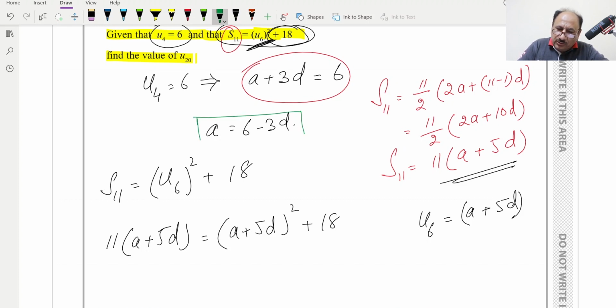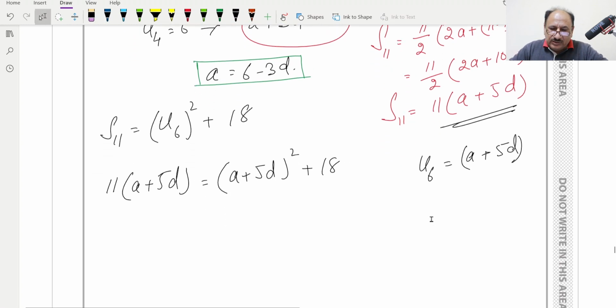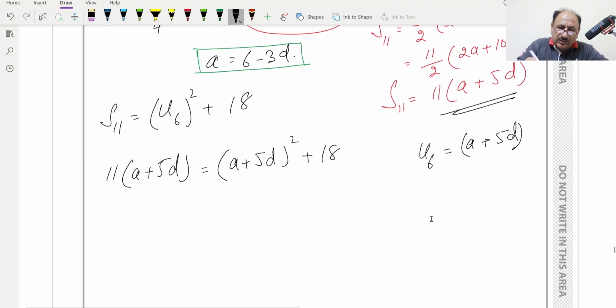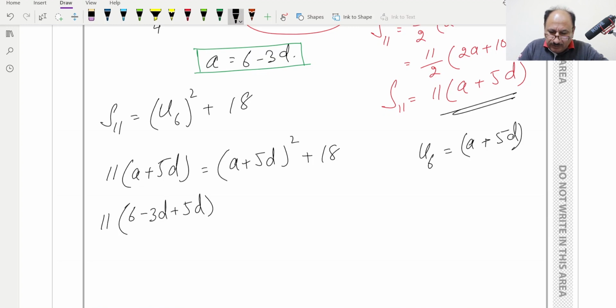a is equal to 6 minus 3d in this one, and if we replace it here, 11 into 6 minus 3d plus 5d, this a value we have replaced with 6 minus 3d, and this will be equal to, again a we will replace with 6 minus 3d plus 5d, squared, plus 18.